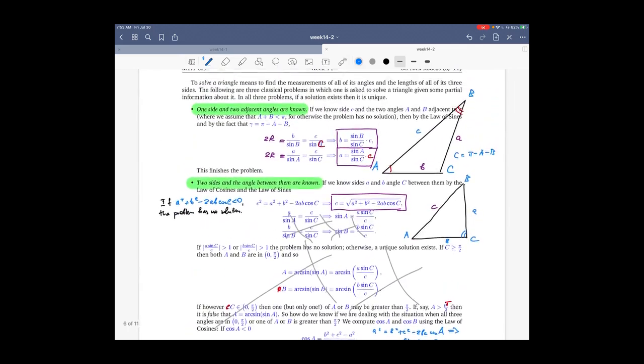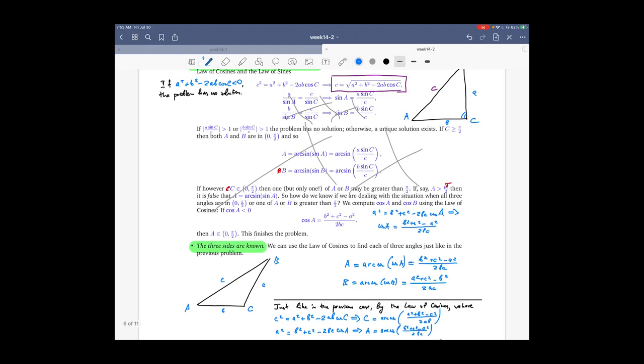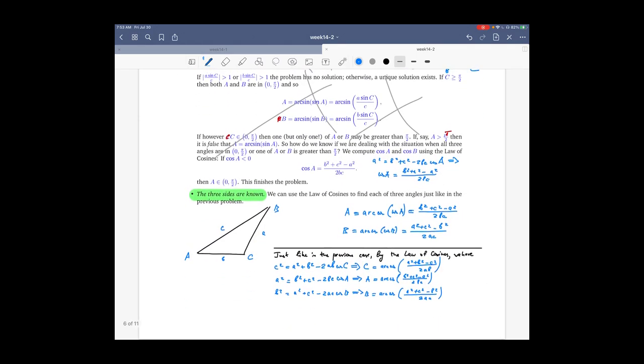There will be, in numerical examples, other situations, but these three are the most common, and in these three the solution is always unique. So what's left to do is to look at some numerical examples.